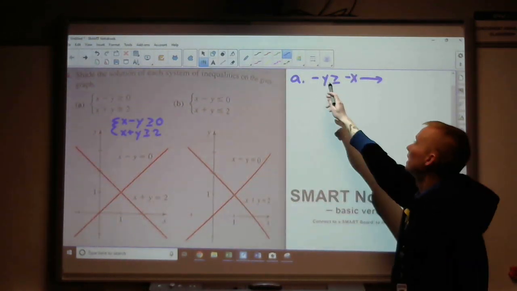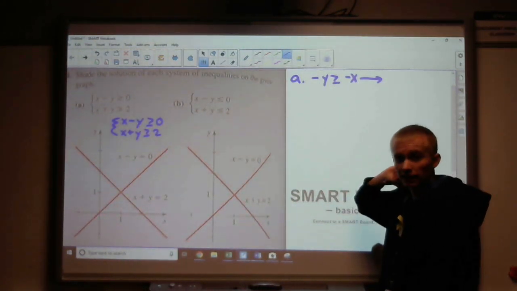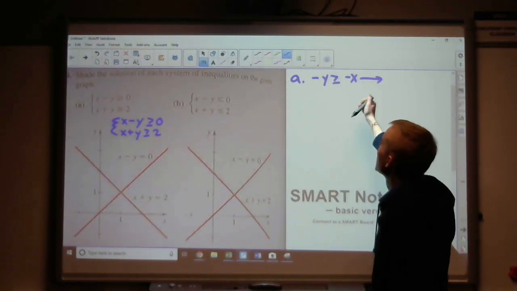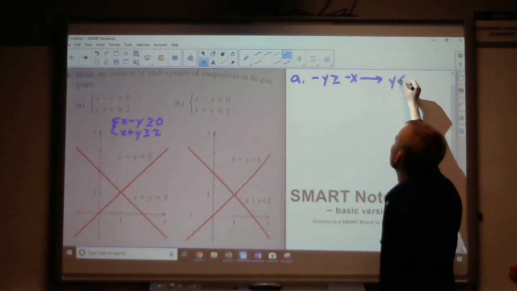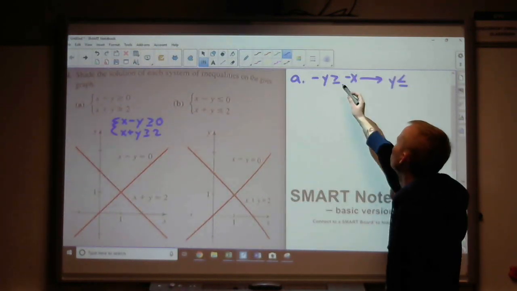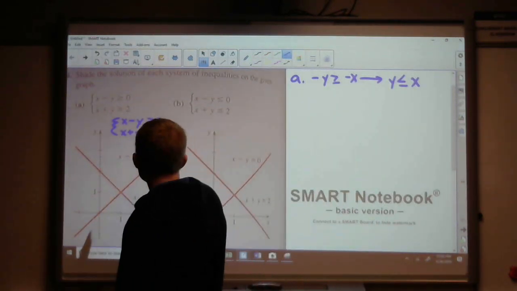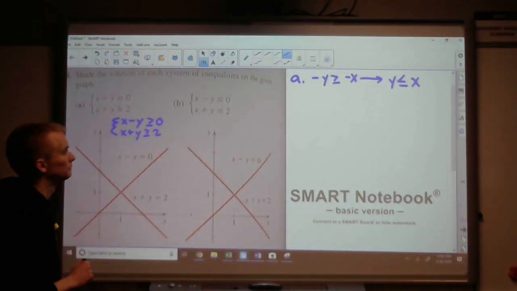Now, if I divide by a negative on both sides, what happens to the inequality? It flips, right? So I get y is less than or equal to x, okay, when I divide by that negative. Okay, so that's my first inequality there.